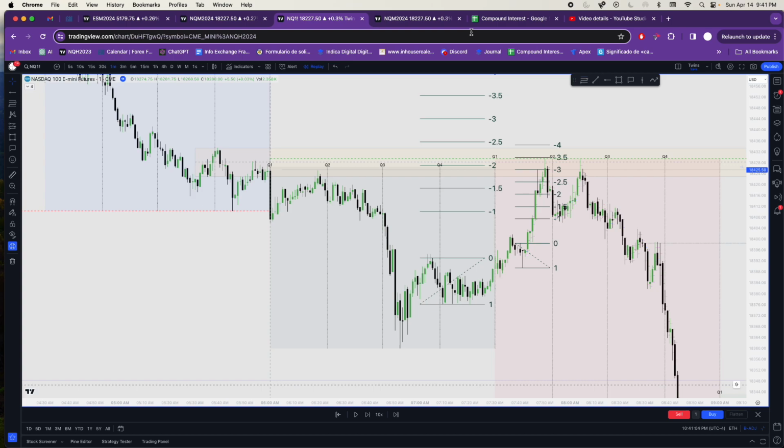Take stage two and standard deviation for 2.5 to 3.5 standard deviation terminus.